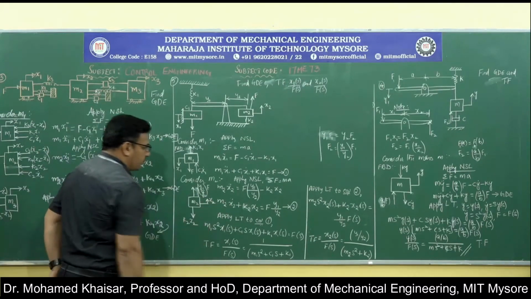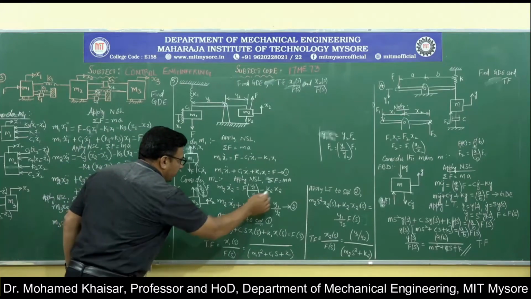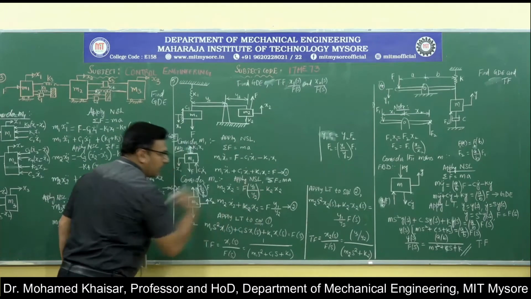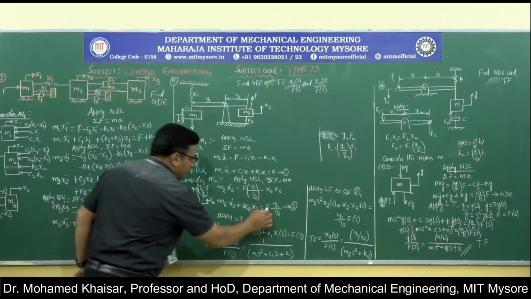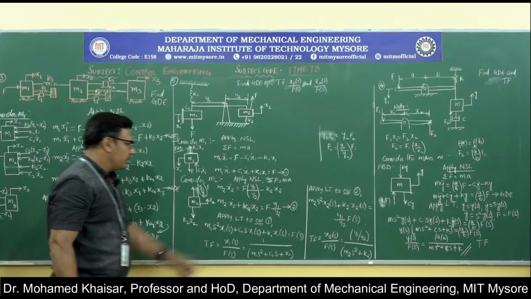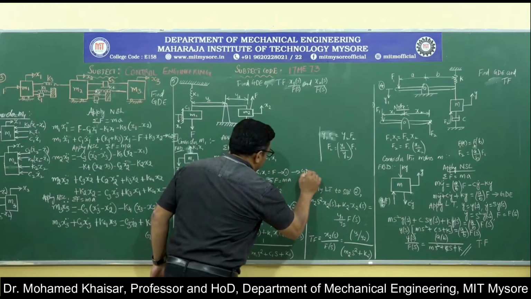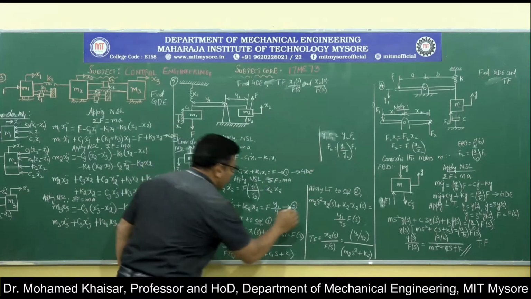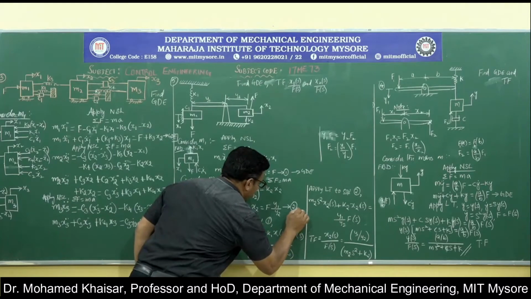Now, bring all x2 terms on one side. So, m2 x2 double dot minus K2 x2, if we take it on the left hand side, it becomes plus K2 x2, that is equal to F into y1 by y2. Name this as equation 2. Actually, this is the governing differential equation for mass m2.